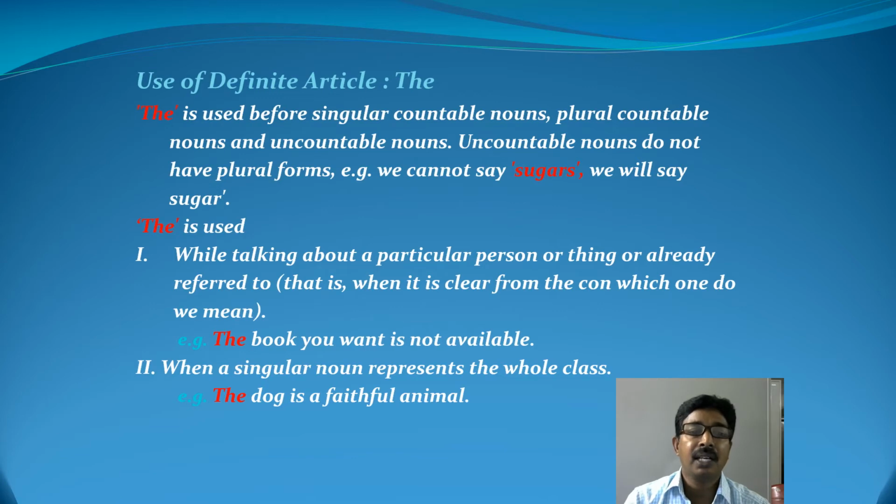And the is used while talking about a particular person or thing already referred to. Example, the book you want is not available. And the is used when a singular noun represents the whole class. For example, the dog is a faithful animal.